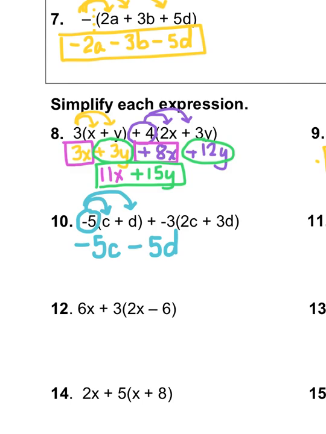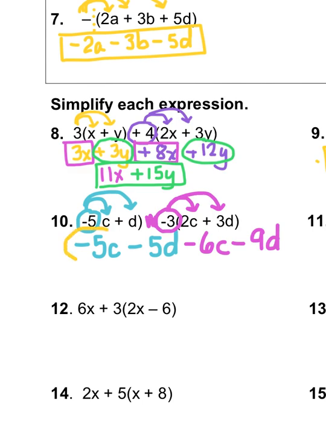Now notice on here, it's a -3 that you are distributing. So you'll distribute the -3 and we'll write it as -6c. -3 times a positive 3d is -9d.